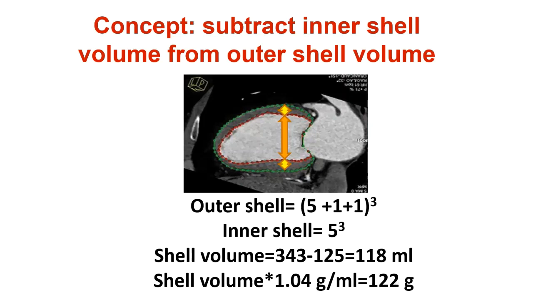Then you have to go ahead and index that by the body surface area to get your left ventricular mass index. So basically, this is the principle behind measurement of the left ventricular mass index.